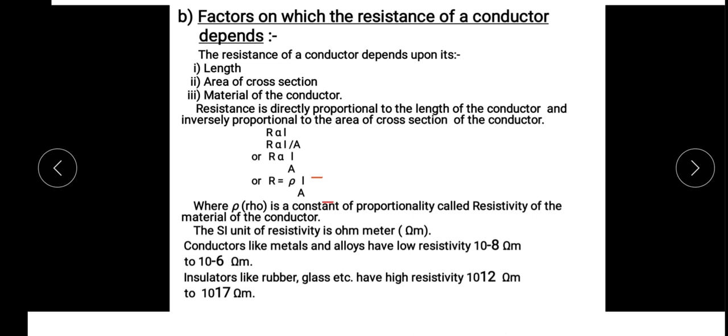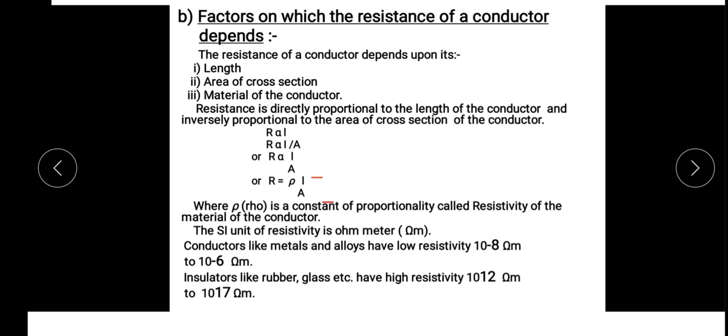We replace the wire AB, which we used in the verification of Ohm's law, with a wire of the same length and same cross-sectional area but of some other material. It is found that the resistance of this wire is different from that of wire AB.